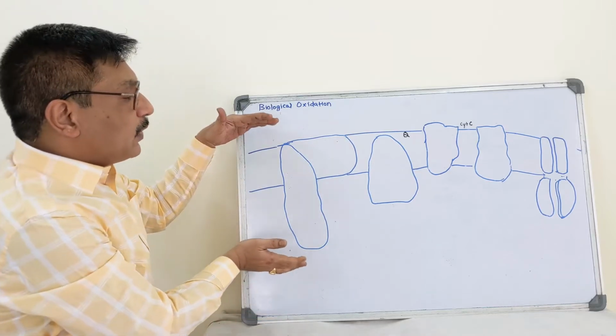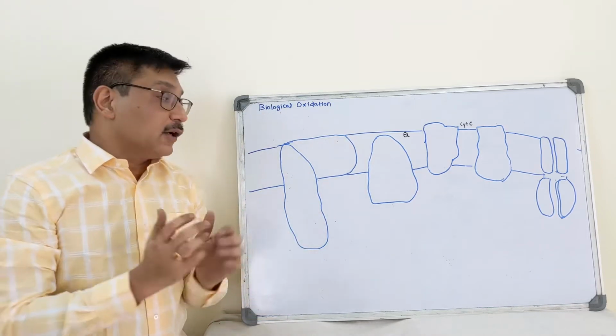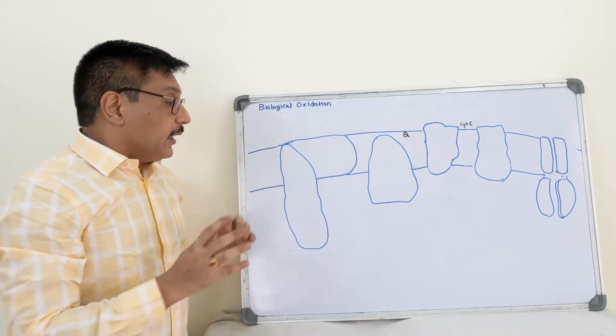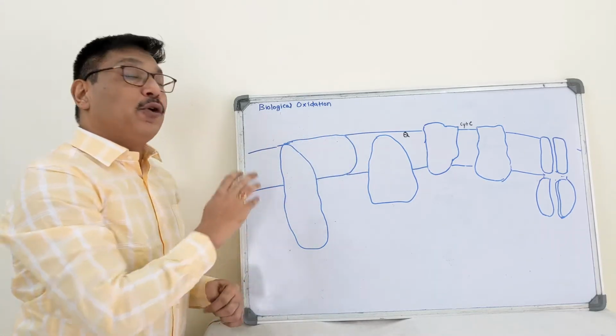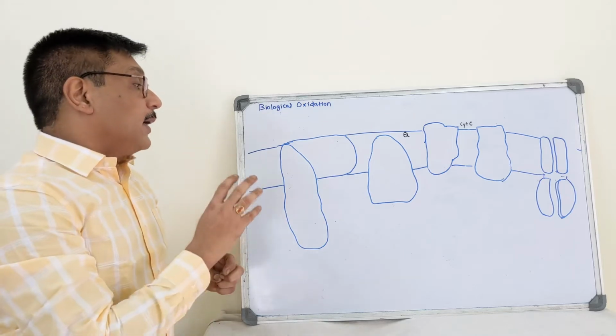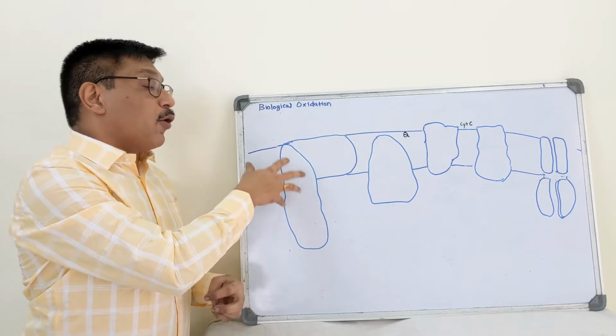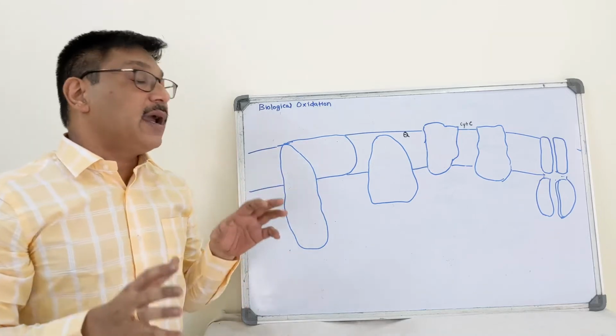Now let us see one by one the composition of the complexes. Complex 1 is the largest complex. It is an L-shaped complex with a flavoprotein and iron sulfur protein. The flavoprotein contains coenzyme FMN.